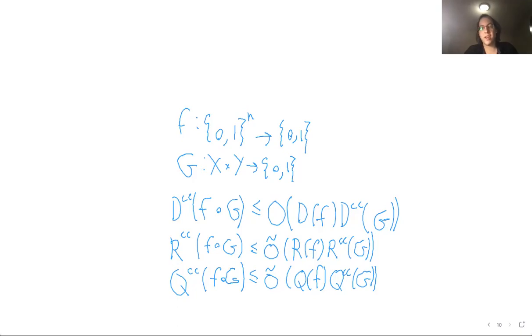When G is the equality on one bit and F is the AND function on n bits, then over here on the left side we're going to get O(1), whereas on the right side we're going to get O(n). Okay, so the upper bound of course always holds, but it's not tight for equality.